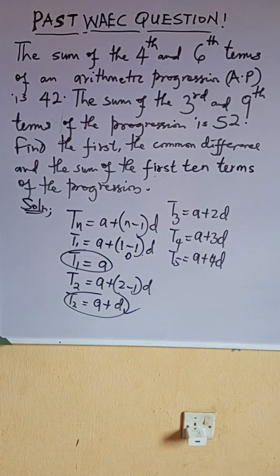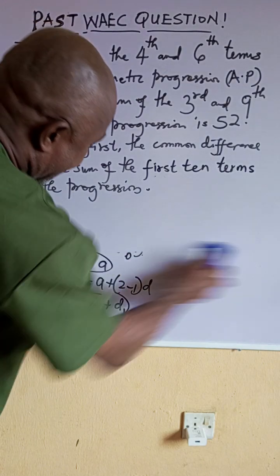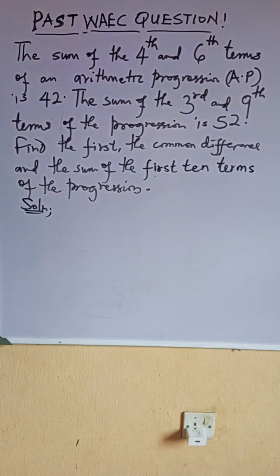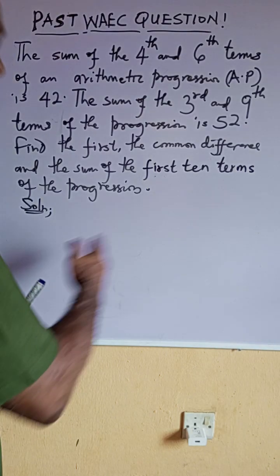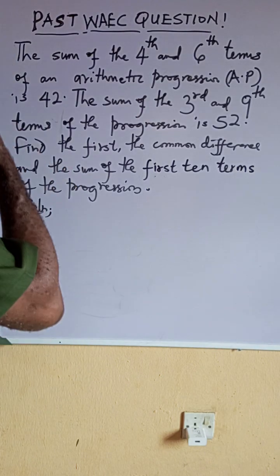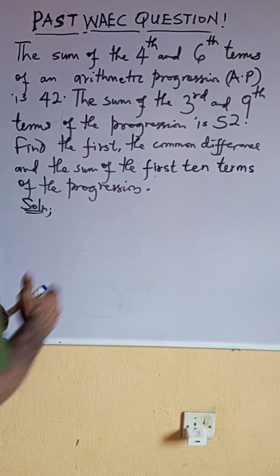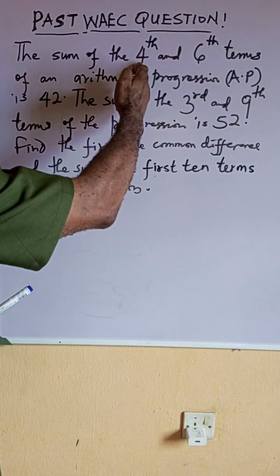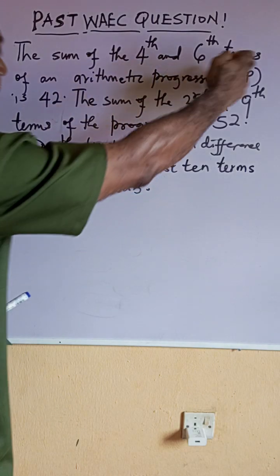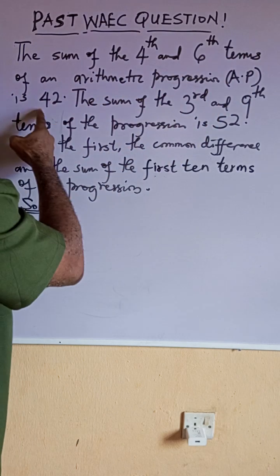Having made these clarifications on AP, I start solving right away. Now, we are told that the sum of the fourth and the sixth terms is equal to 42.